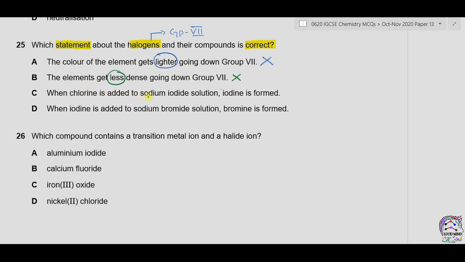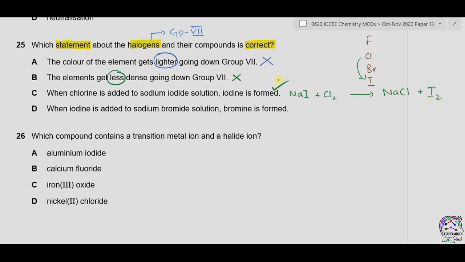C. When chlorine is added to sodium iodide solution, iodine is formed, as chlorine is above bromine and iodine. So it means chlorine can displace iodide to form iodine. The reaction will be like this: sodium iodide plus chlorine gives sodium chloride along with iodine.